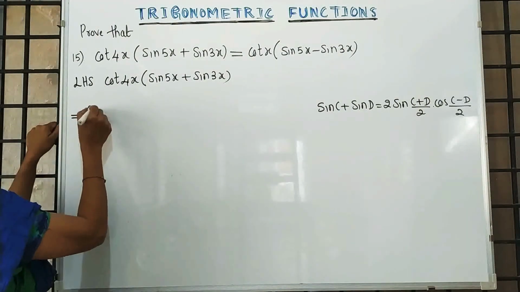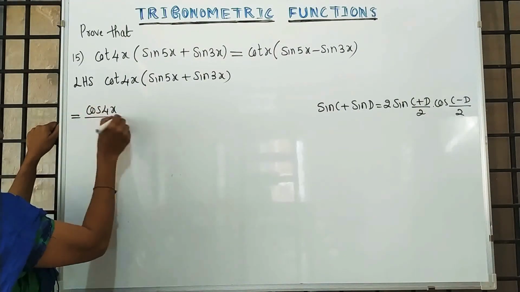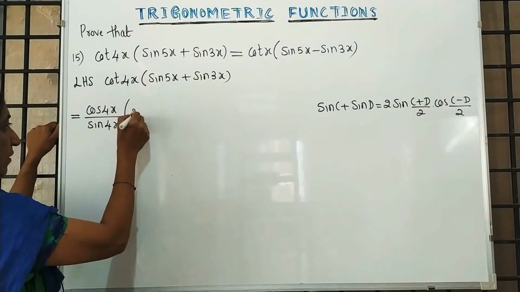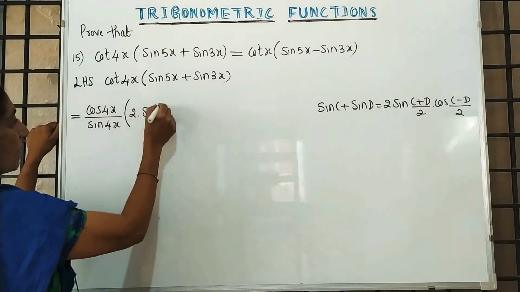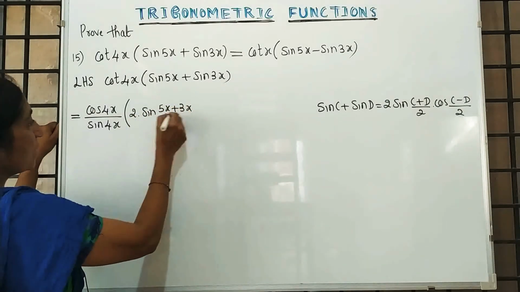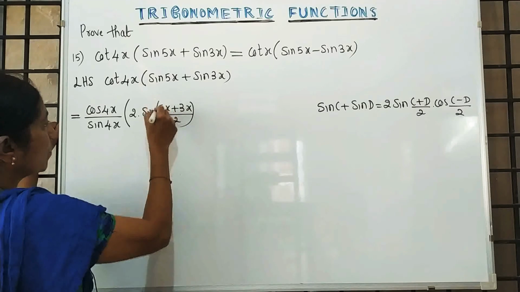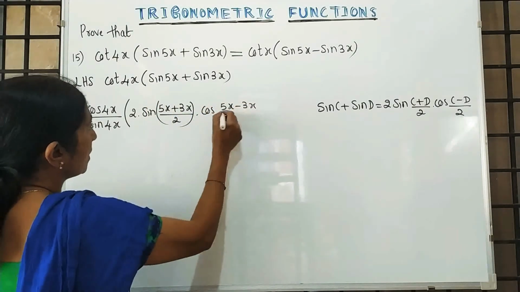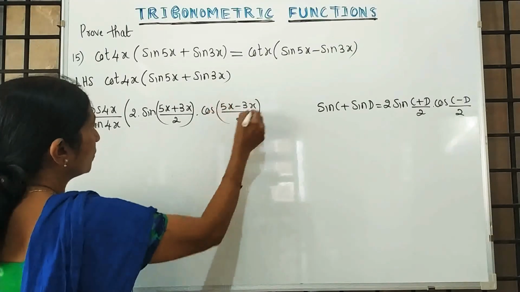Cot I am writing as cos 4x upon sin 4x, and for the bracket term 2 into sin 5x plus 3x divided by 2 into cos 5x minus 3x divided by 2.